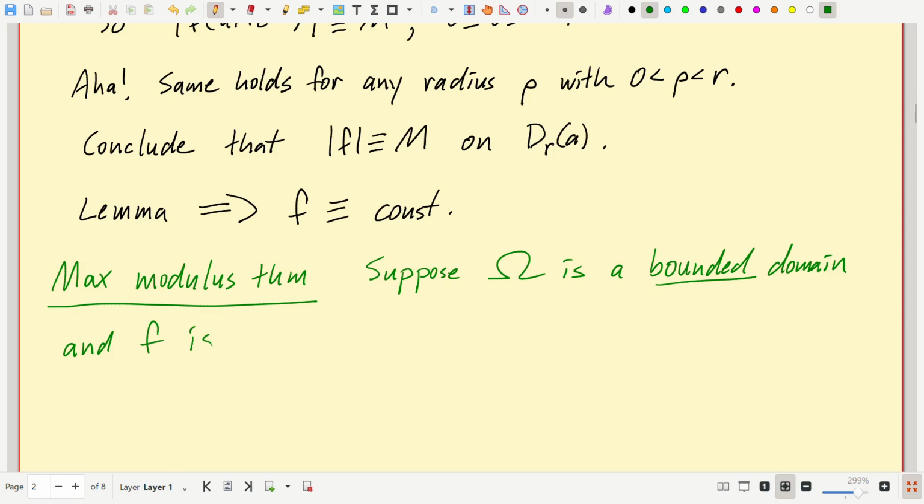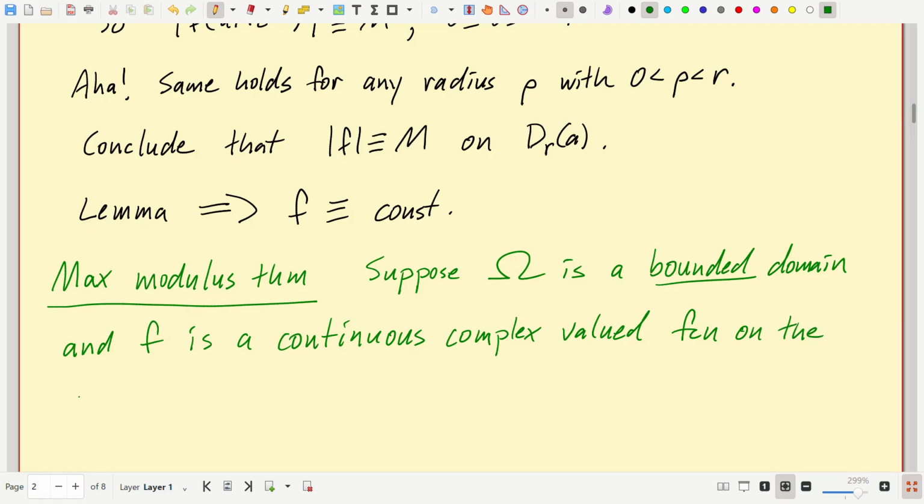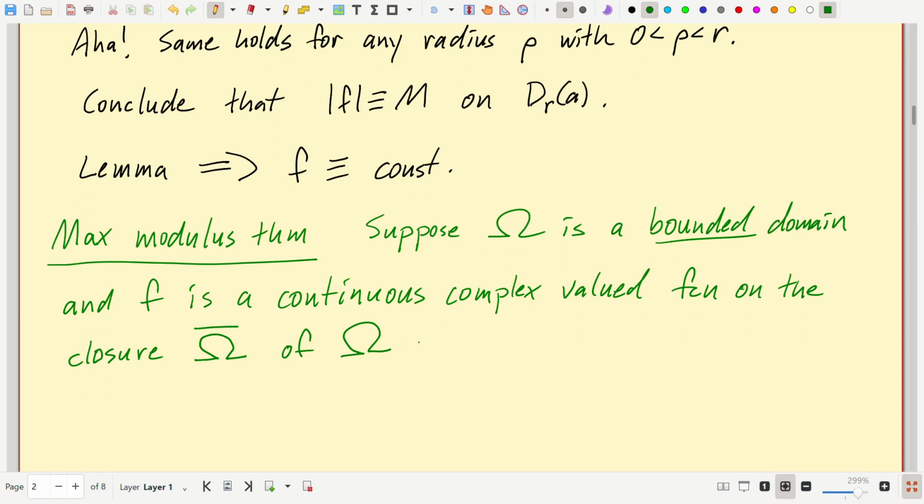And f is a continuous complex valued function on the closure, which we write as the closure of omega, which is analytic inside omega.